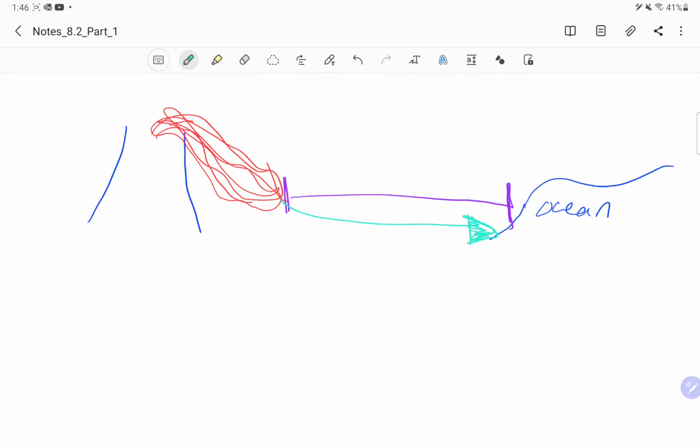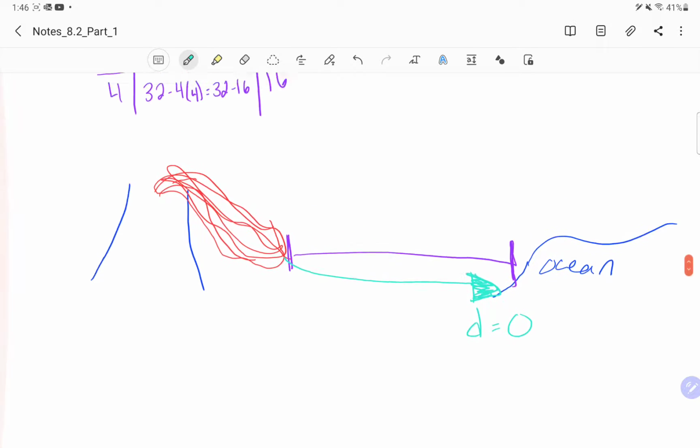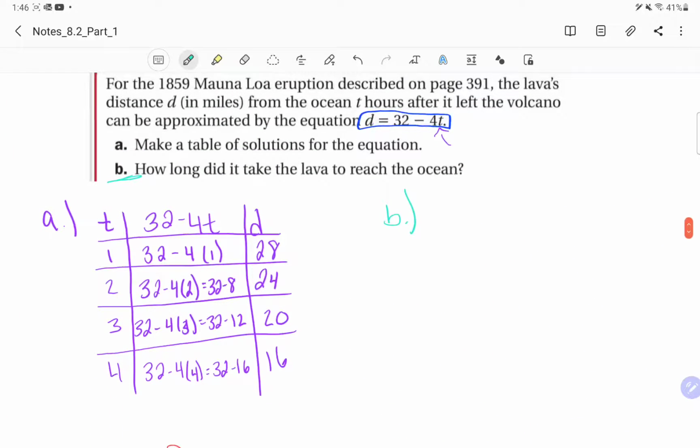So if the lava gets to the ocean, how much distance is there between the lava and the ocean? Well, if the lava's at the ocean, then the distance between them is 0. So that means we're looking for what t value makes the d value equal 0. Okay, that's what it wants us to know.